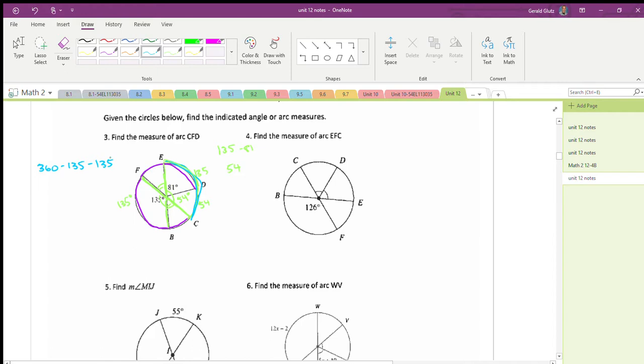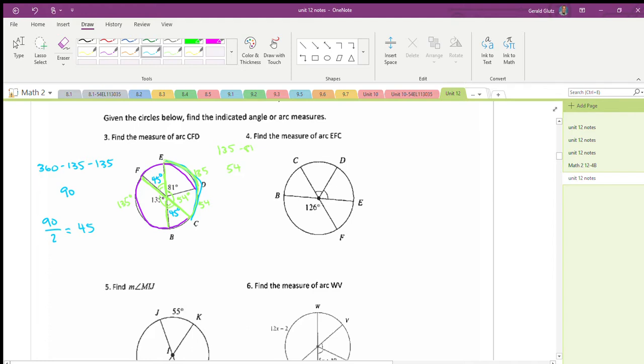So 360 minus 135 minus 135, and it's 90. So that means these two angles that are missing still have to add up to 90, but we know they're the same. So if we have two angles that are the same, we can just divide them by 2. So each one of those has to be 45 degrees.